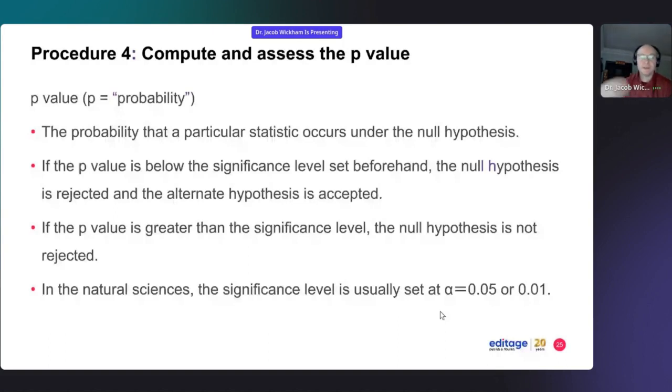If the p-value is greater than this 0.05 significance level, then you fail to reject the null hypothesis. There is no difference. And again, in natural sciences, this is usually set at 0.05 or 0.01.